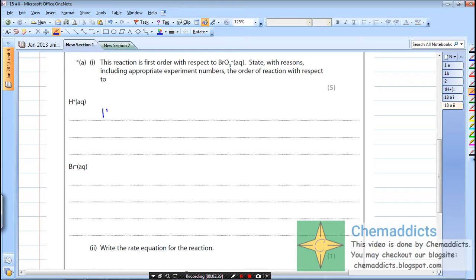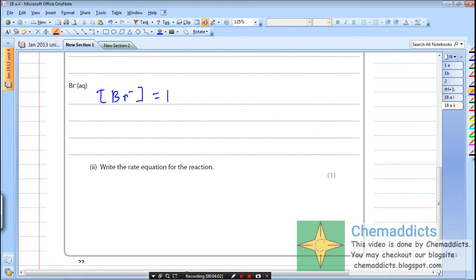In this case the order of H plus is 2, and the order of Br minus is 1. The order with respect to bromate 5 is 1, not minus 1, positive 1, my mistake.